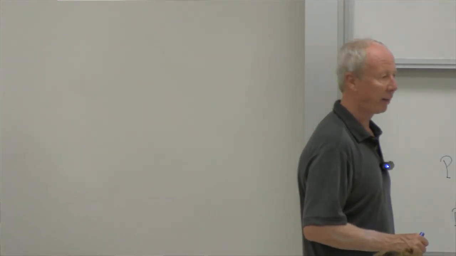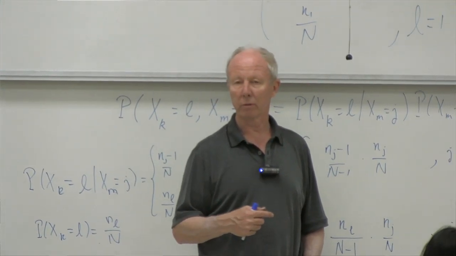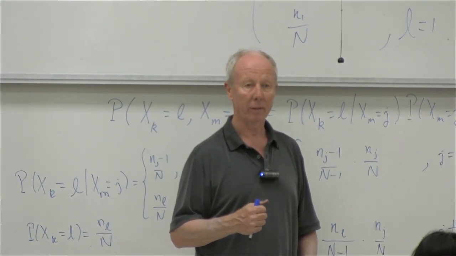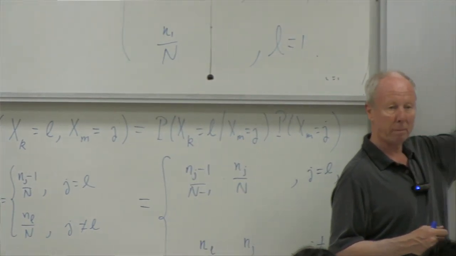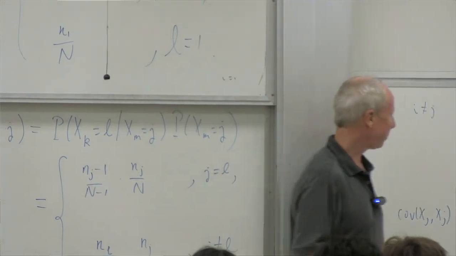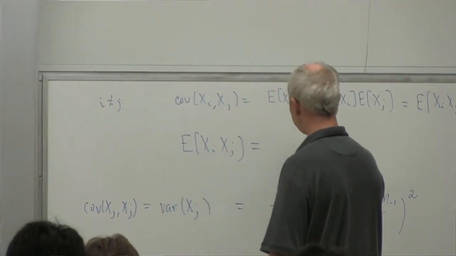So if you take somebody out of the population and they are going to be for candidate A, is it more likely or less likely that the next person will be for candidate A? Less likely. So you might expect this to be negative.